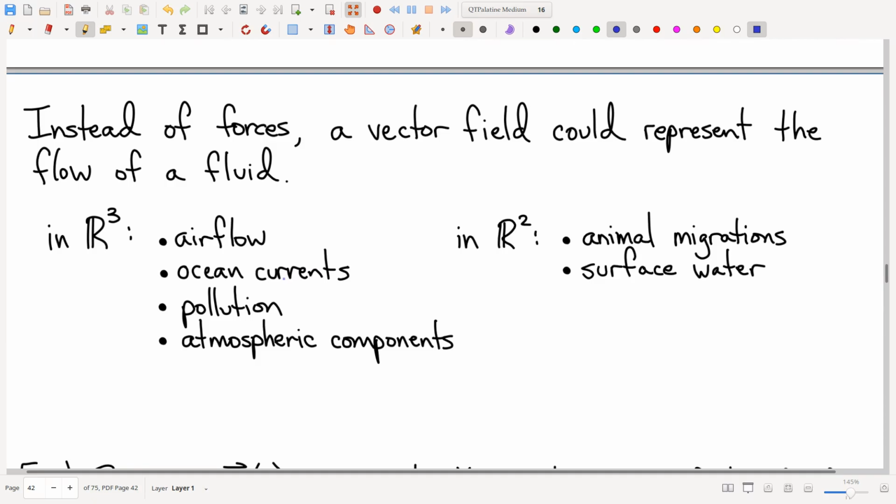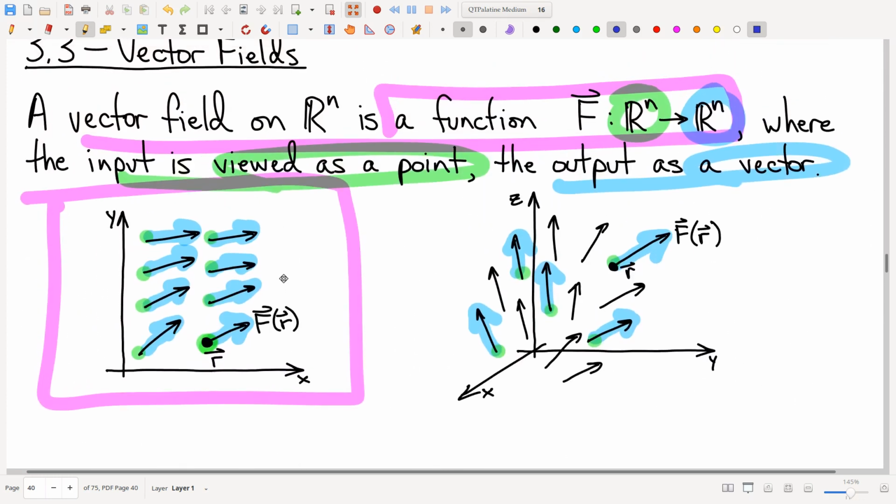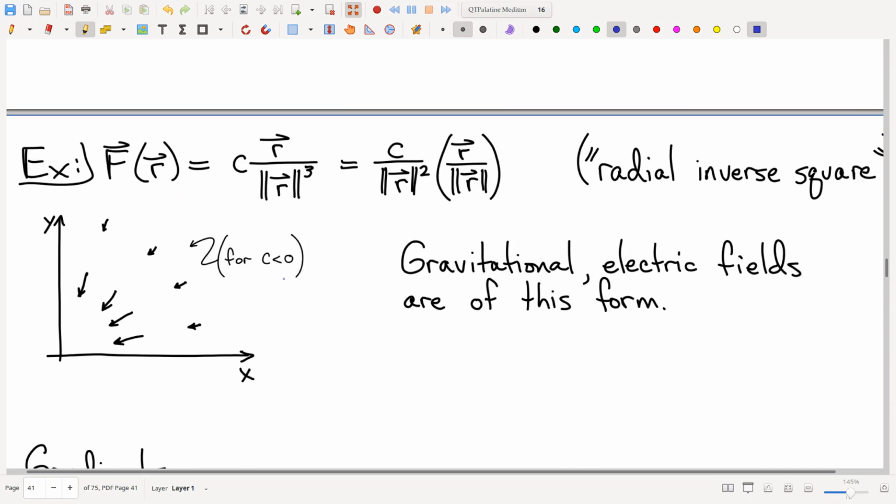Sometimes vector fields don't represent forces. Now, reminder, a vector field, in fact, is just a function that you interpret a certain way and draw a certain way. It's a mathematical construction. And yes, it is convenient to represent forces like gravity and electricity. Sure, absolutely. It's a useful tool for that application.